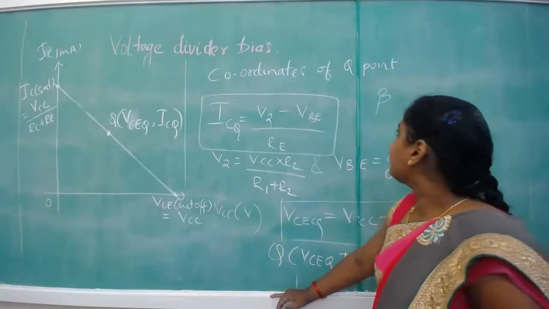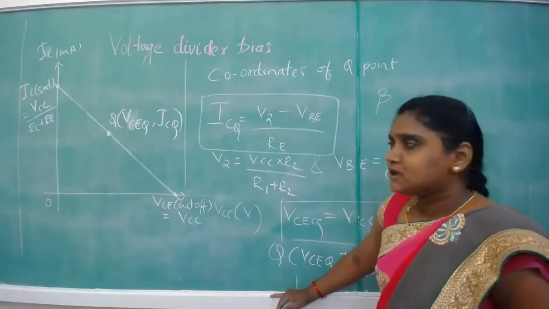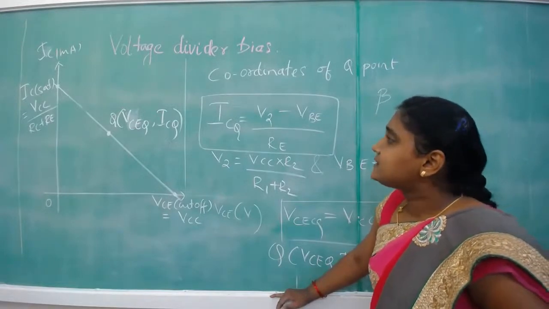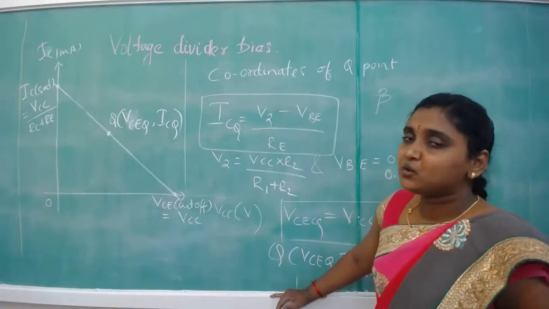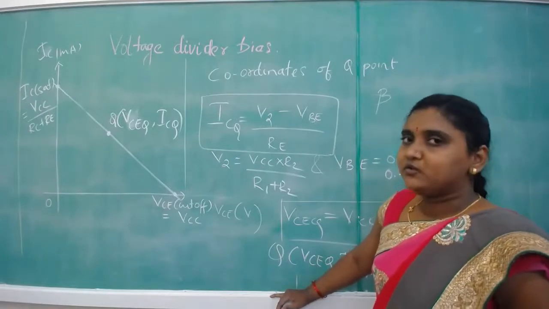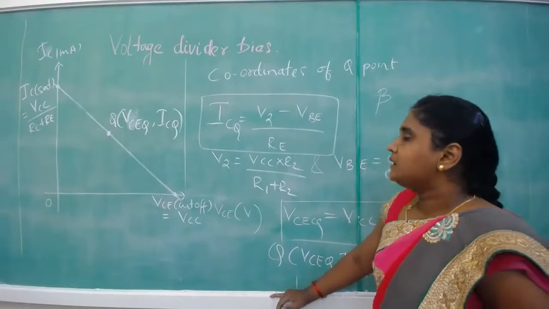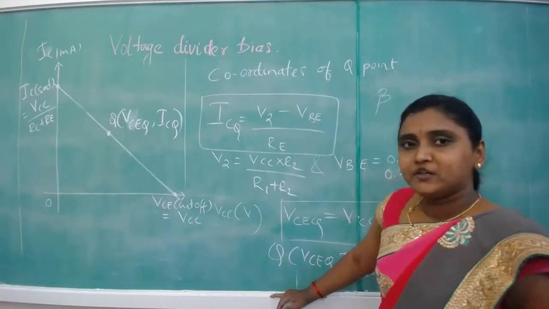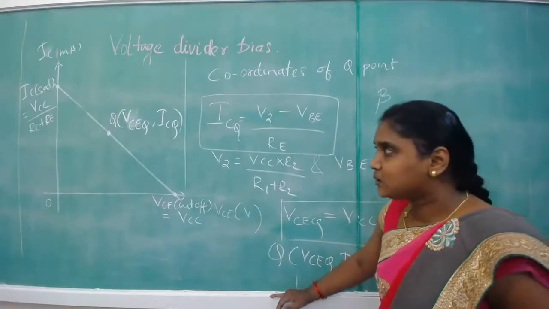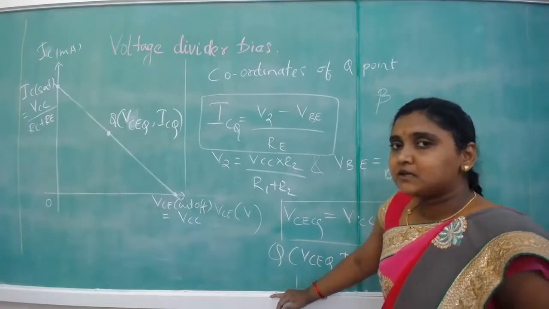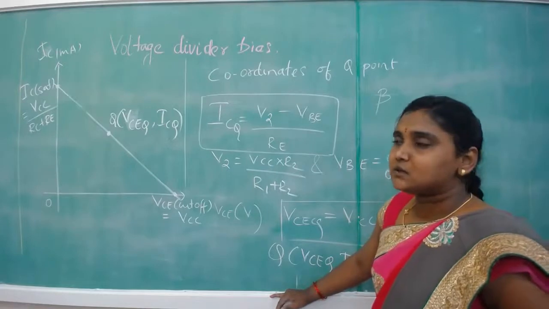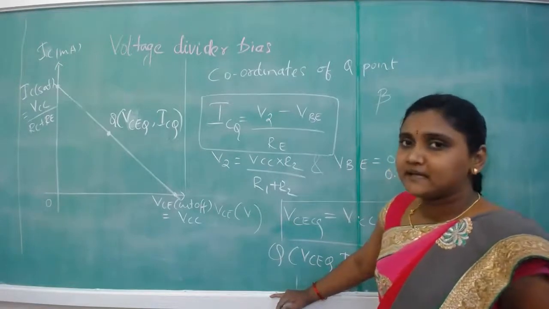Depending on the transistor, the value of beta keeps changing. So here we can observe that when we analyze the voltage divider bias circuit, it is independent of beta.